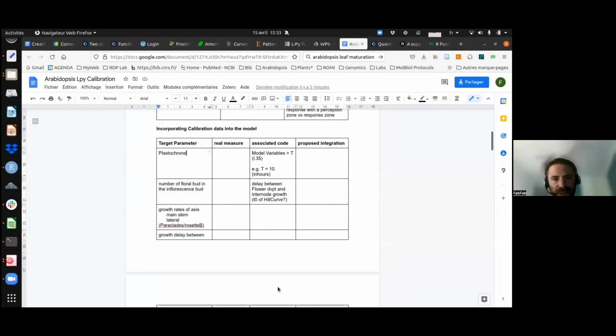And I think here it is just, for example, a question of delay between flower development and internode development. So first we have to discuss whether that's a good way to implement this. And if yes, I have to find where to modify the code to incorporate this behavior. Okay, thank you.